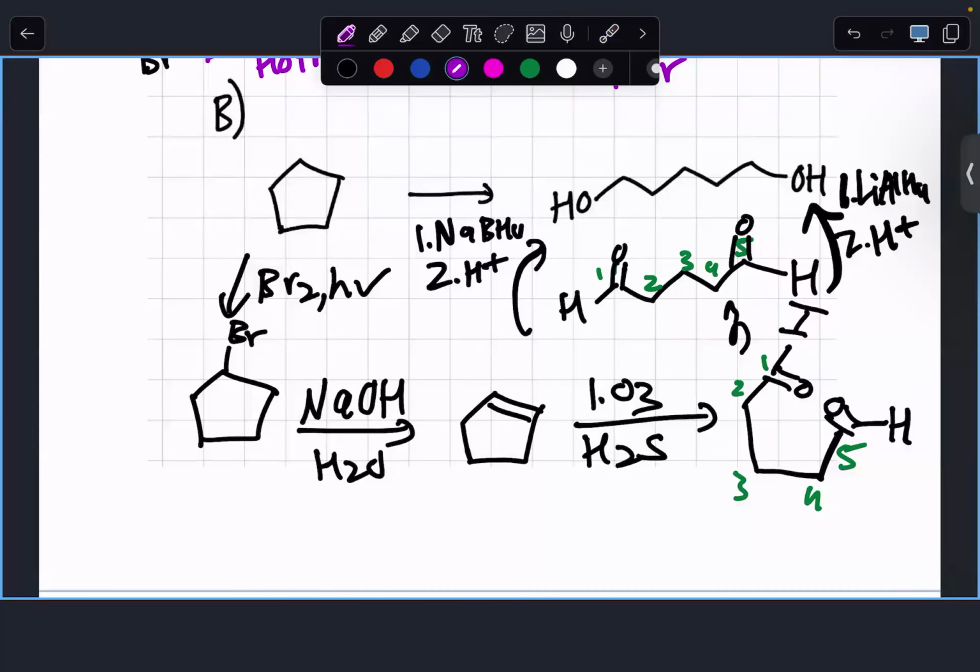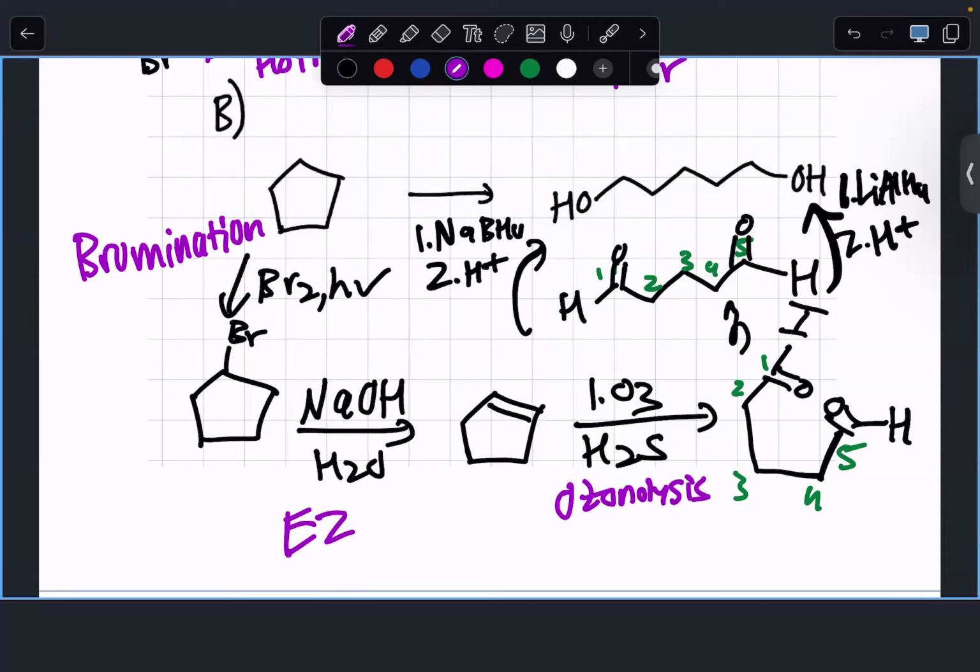The first reaction was bromination. Second reaction was E2. Third reaction was ozonolysis. And then the last step was reduction. Yeah, and that is it. Any questions?